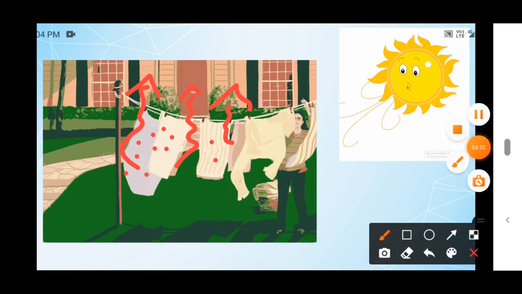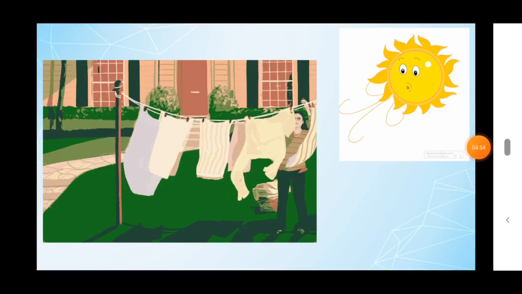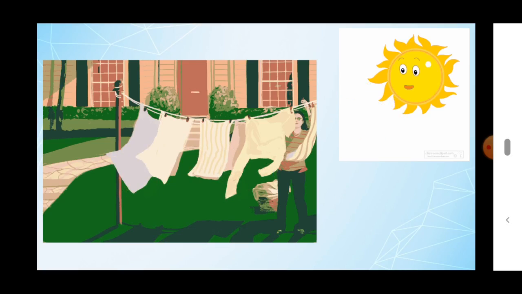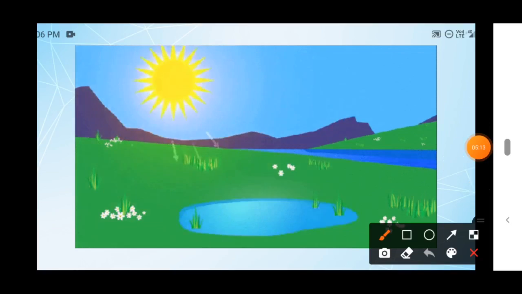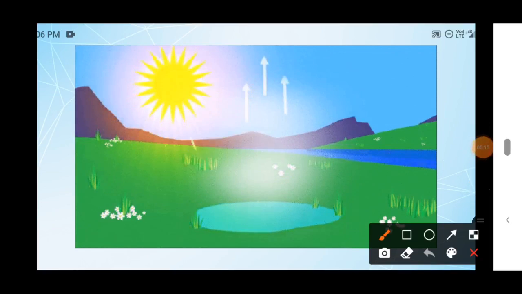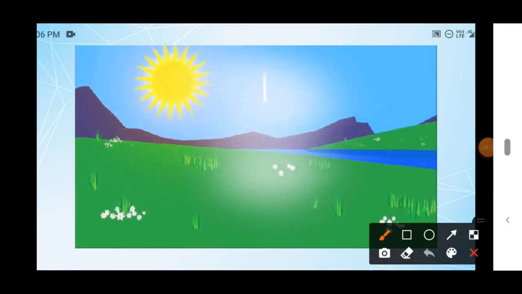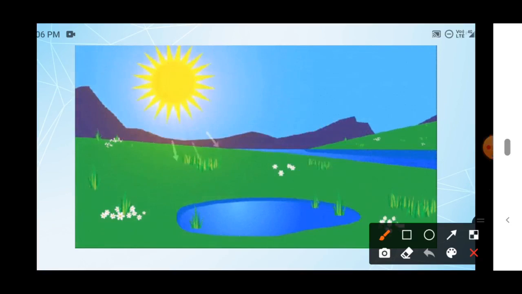And so the disappearance of water from the wet clothes is due to evaporation. That means conversion of water into water vapor. By this process, wet clothes dry. See here, the water disappears from the surface.